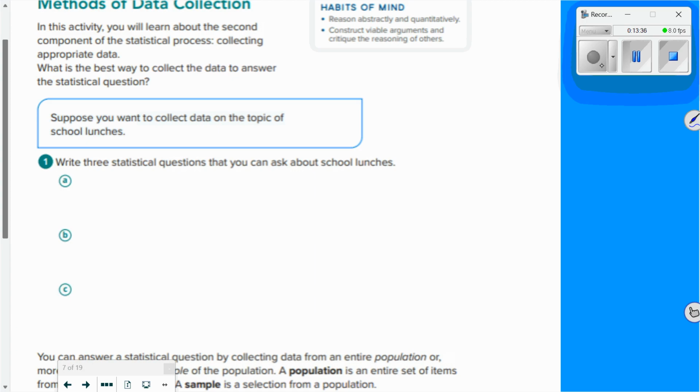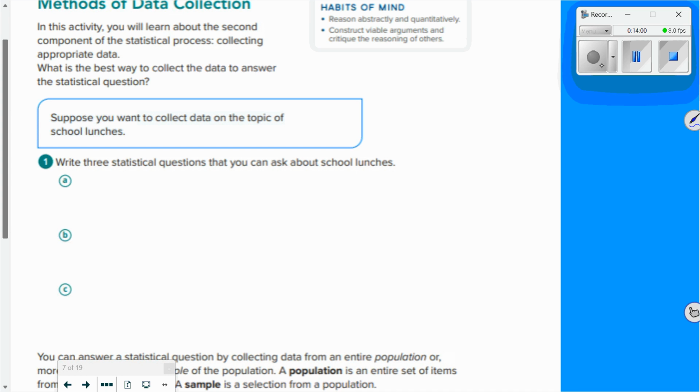Guys, I can't hear what he's saying because you're talking. Rank school lunches on a scale of 1 to 10. That's not a question though. How many people eat pizza burgers? Can you make it more specific where it would have more than one answer?